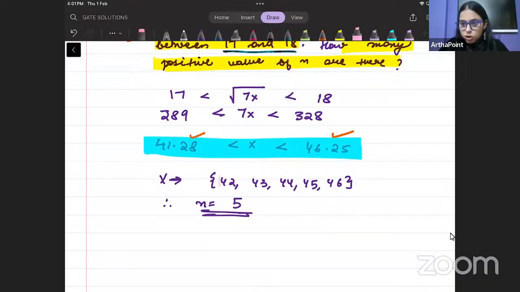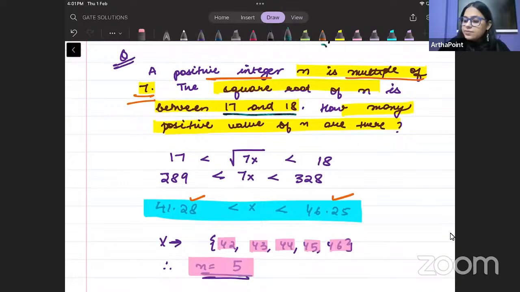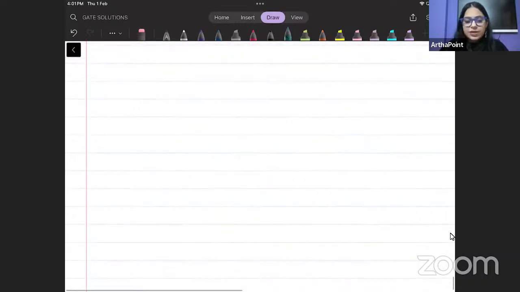You have the integers 42, 43, 44, 45 and 46. So how many such integers are there? 5, na? The answer will be 5. Am I clear with it? So the correct answer to this question will be 5.